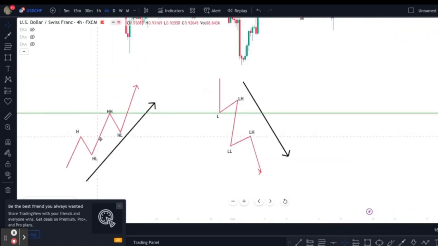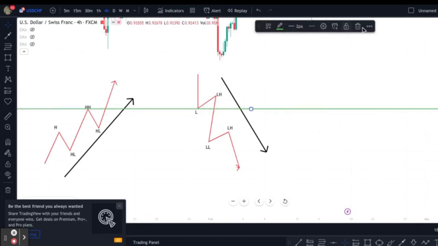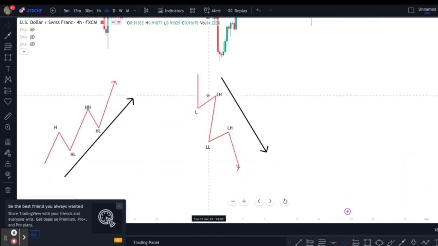And what I'm explaining since morning is also applicable to downtrend. Once you see a low and you see a lower high, let me delete this so that you don't get confused. And you see a lower high, then a new low, then you see the retracement of that lower high. So you just predict a possible level, like this is the initial support level, which is the low that got broken.